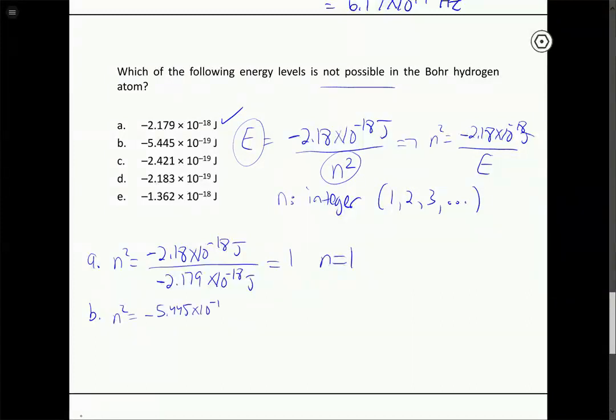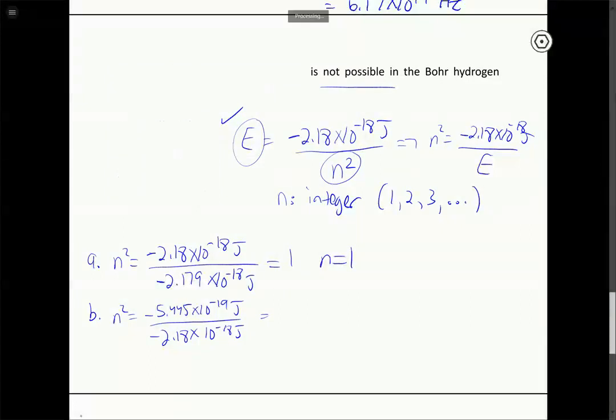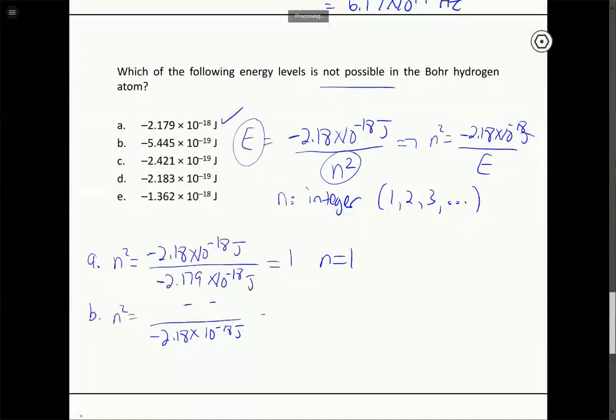For choice B, we have 5.445 times 10 to the minus 19. We divide that by the Bohr constant, the ground state value. I reversed those, sorry. This should be the Bohr constant on top and the given energy on the bottom. So let me fix that.